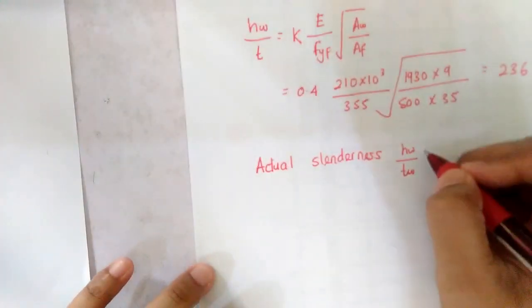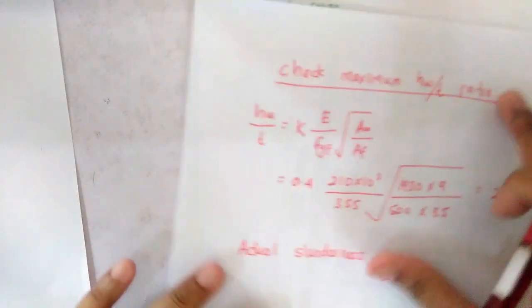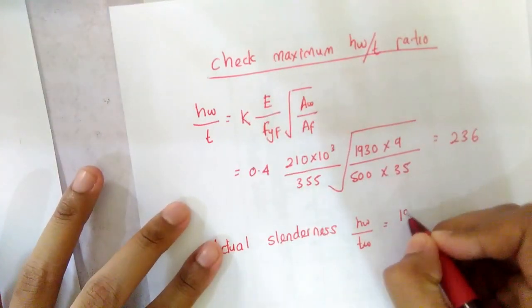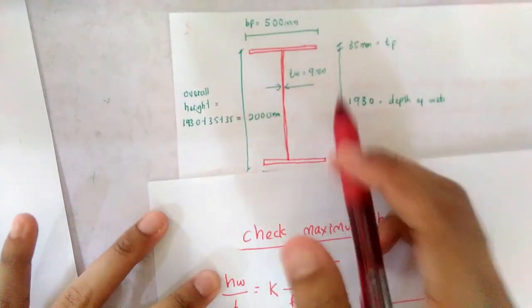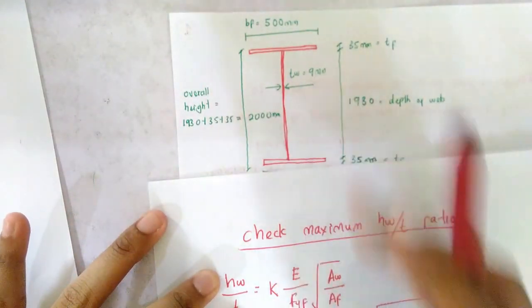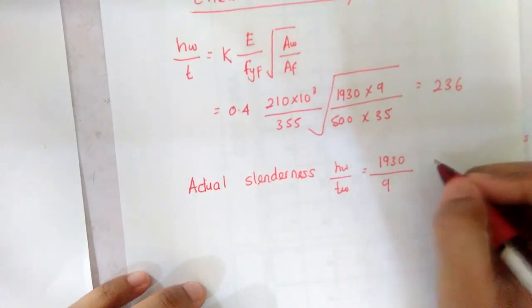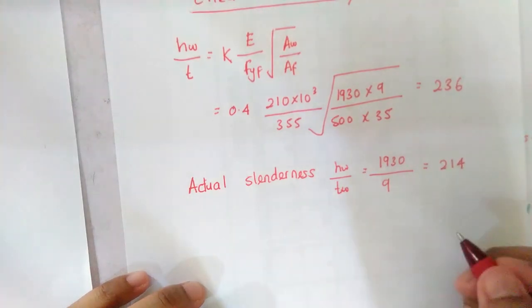You can see that our actual slenderness ratio has 1930, height of the web, over the thickness of the web taken as 9 mm, so you end up with 214.